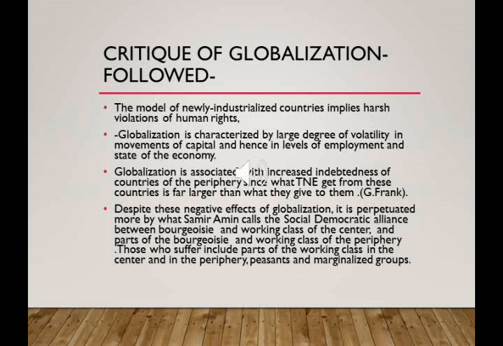And for this reason, he got votes from the American working class. So those who suffer from globalization include large sections of the working class who are not involved in this arrangement with transnational companies, and peasants, marginalized groups, and even large sections of the middle classes in these countries.